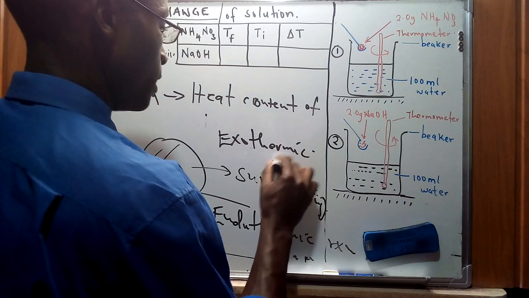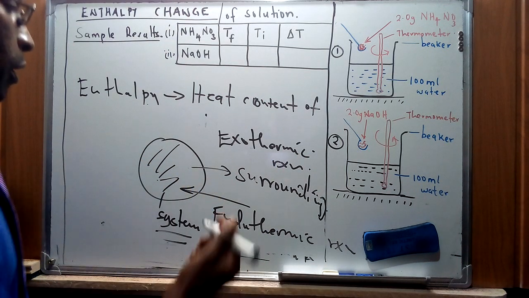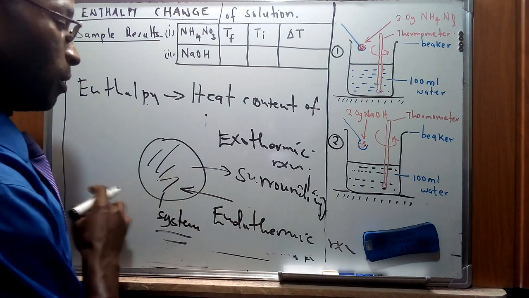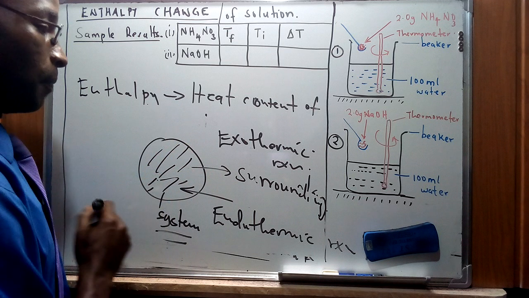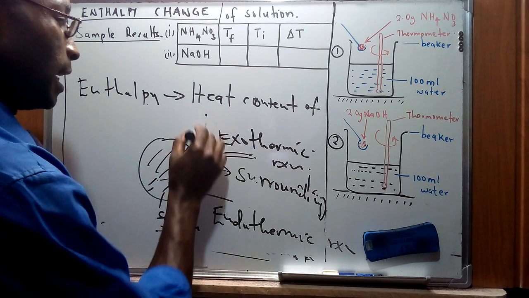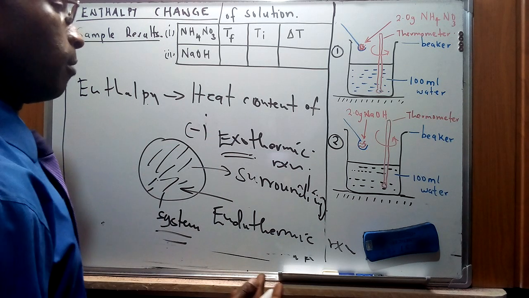These two reactions can be given a symbol which portrays the loss or gain of energy by the system. With respect to the system, if heat is lost to the environment, we give it a negative notation, which precedes the quantity of heat involved.